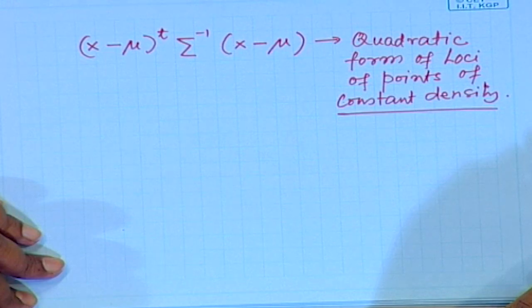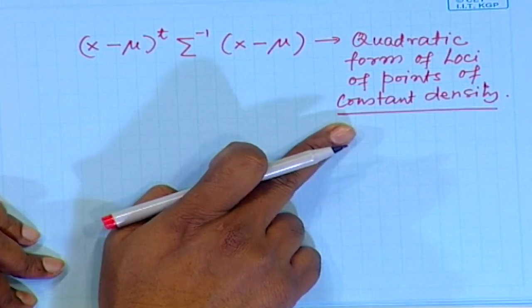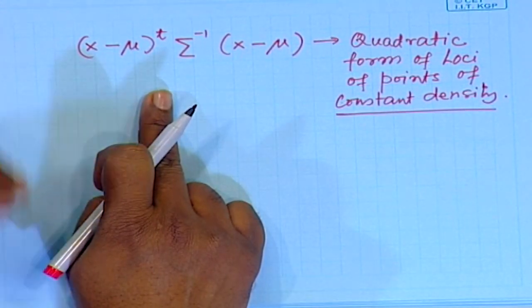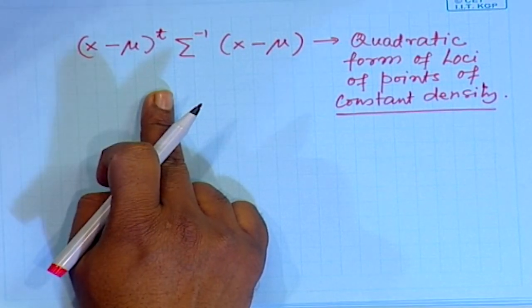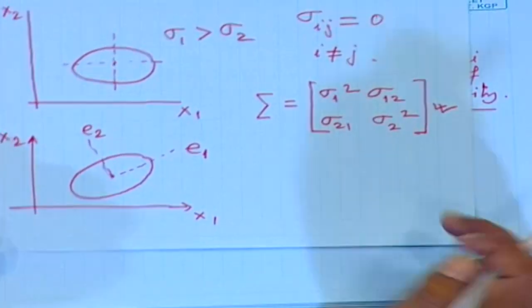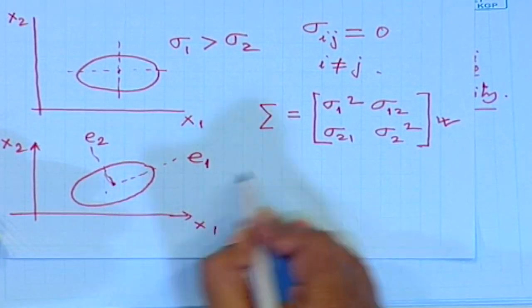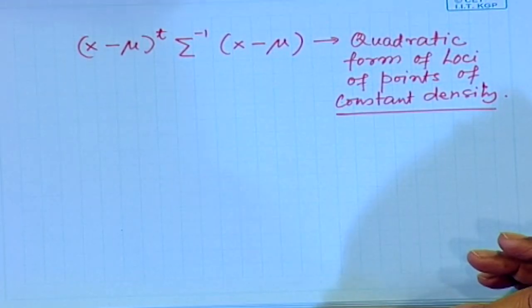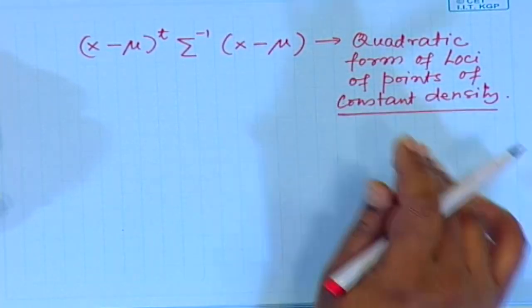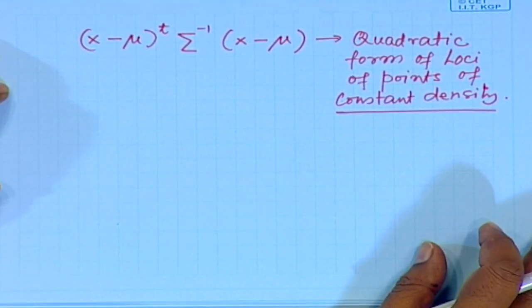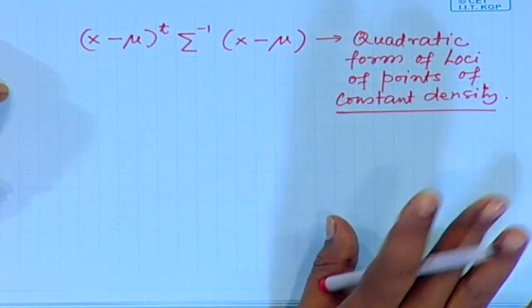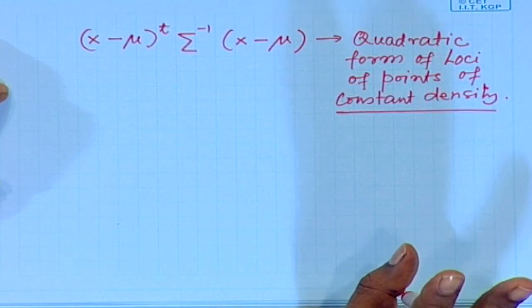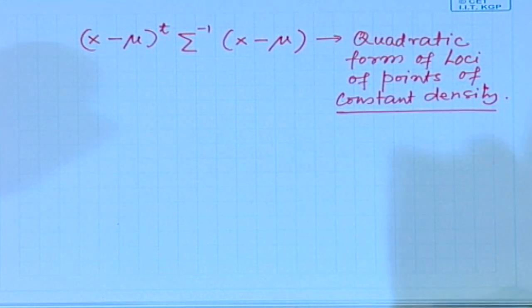And the principal axes of the ellipses are given by the eigenvectors of the covariance matrix. In the same way, the principal axes of the ellipsoids in this case will be given by the eigenvectors of the covariance matrix, and the lengths of the axes will be given by the corresponding eigenvalues.